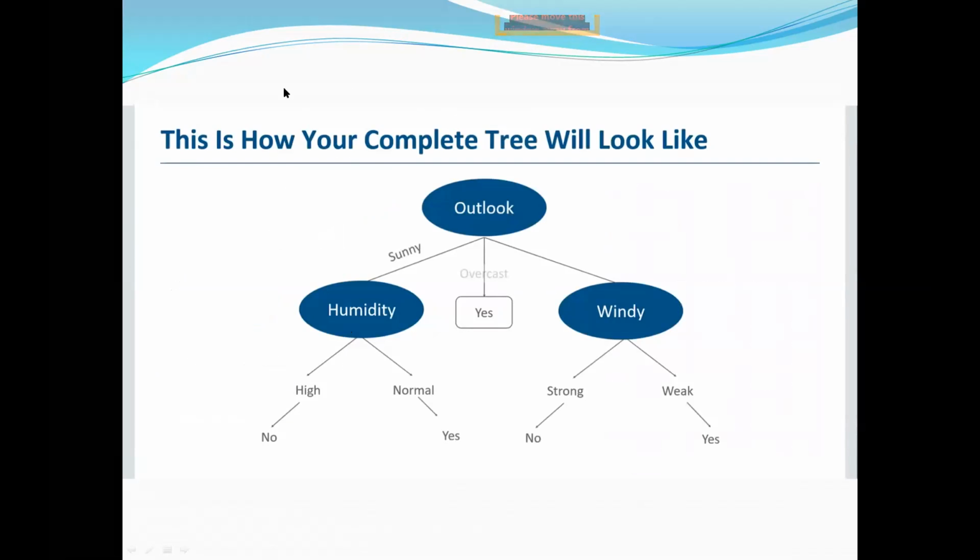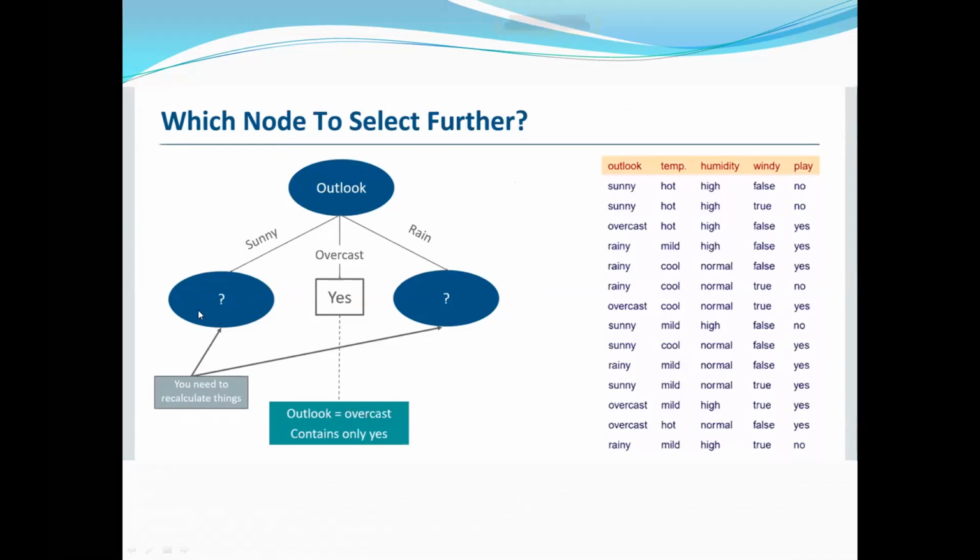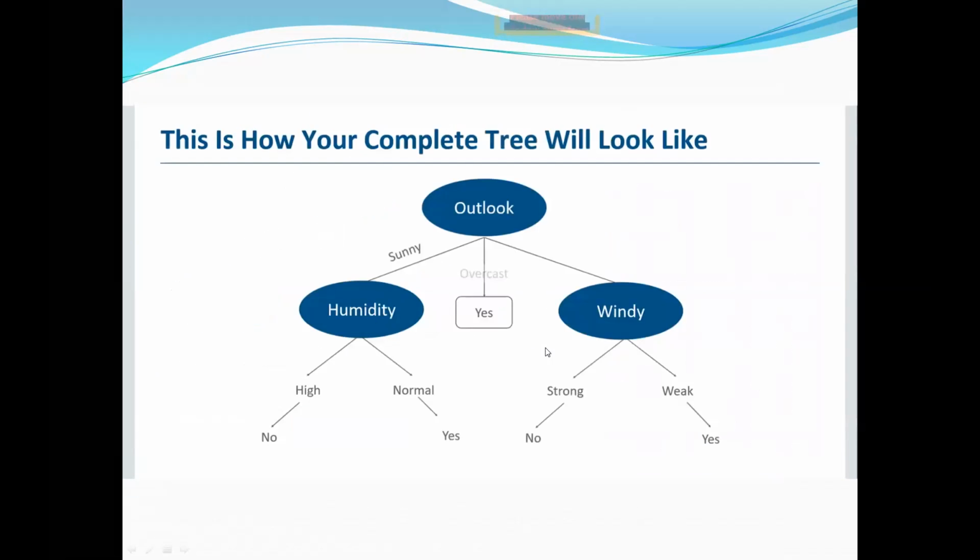So this is how the complete tree looks, guys. I will tell how we fix these things. If the outlook is sunny, once again we can't take a decision because it is mixed data. You have to investigate humidity. If humidity is high, the player is not going to play, it is no. If humidity is normal, the player is going to play, yes.